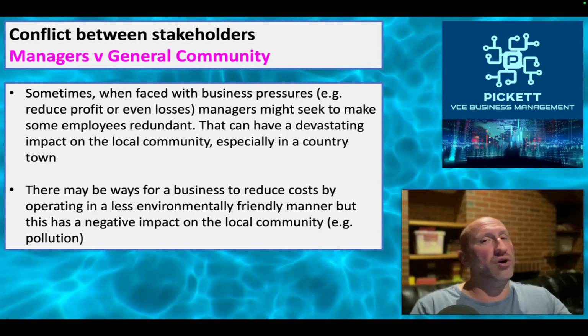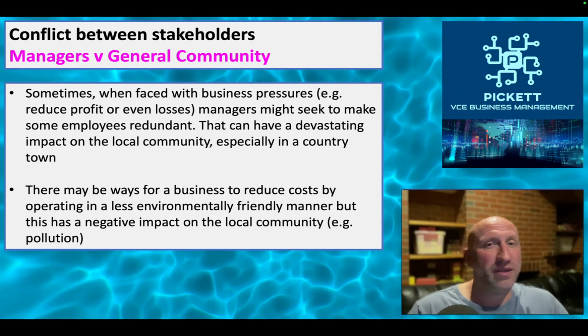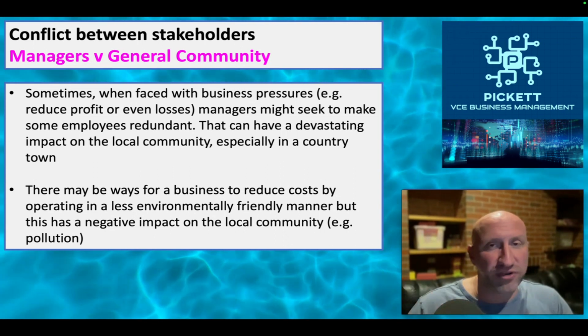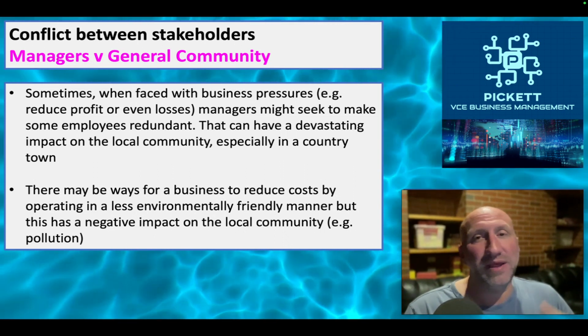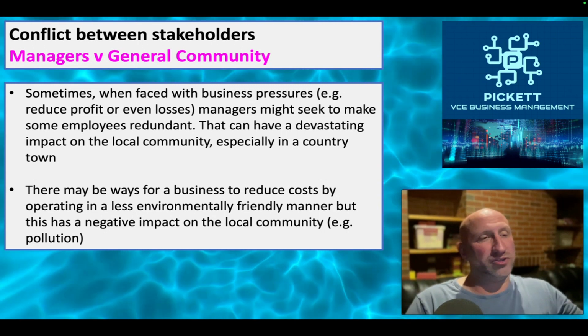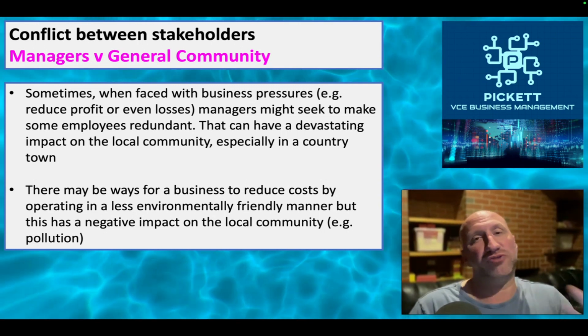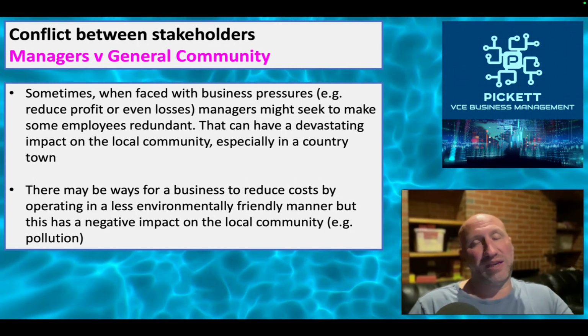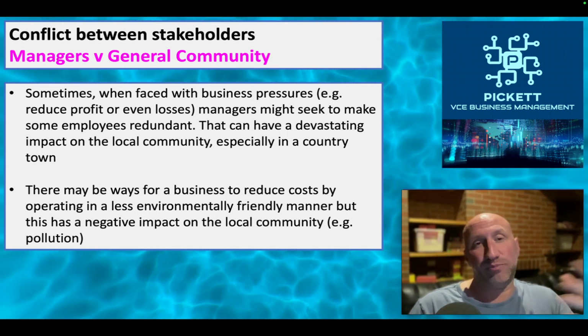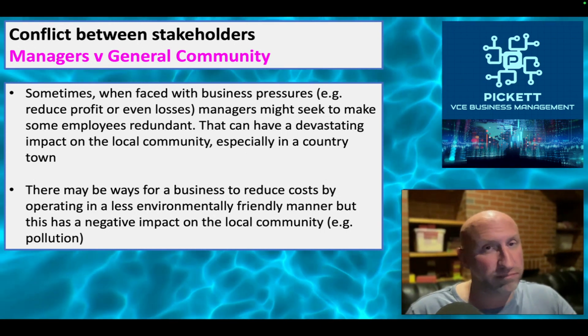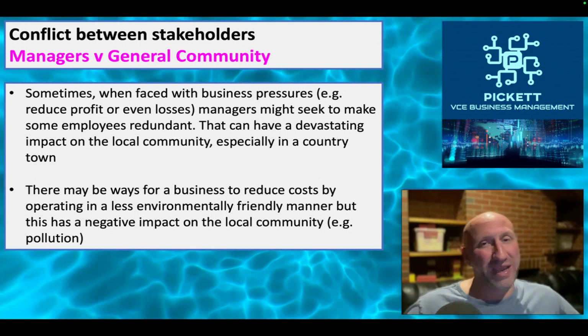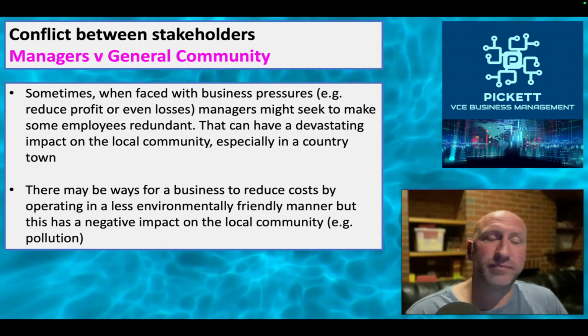If businesses need to cut costs quickly for whatever reason, making redundancies is a really common way to go about doing that. That can have a really big impact on the local community, particularly in country towns, when that particular business, if it's a larger business, actually supports a lot of the employment in that particular town. So again, conflict of interest.